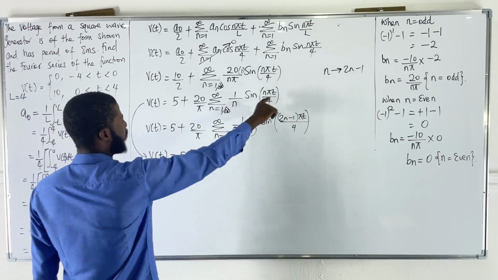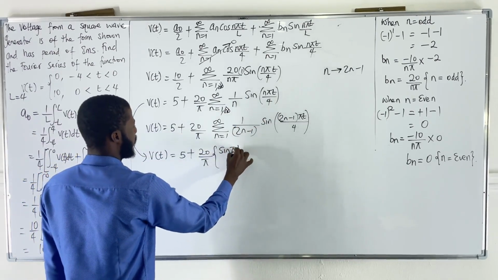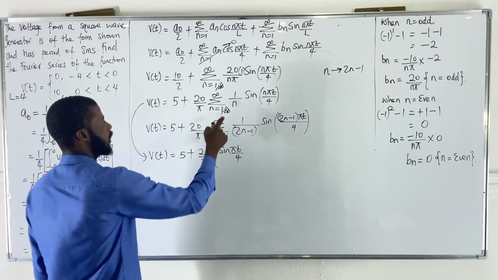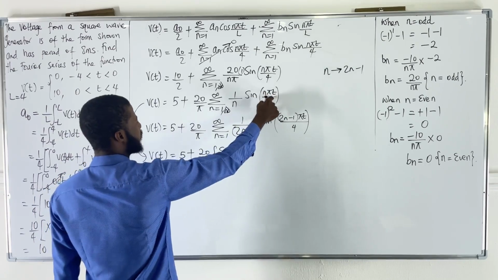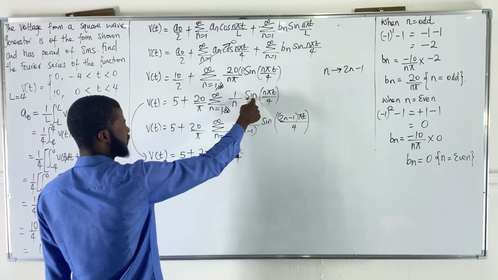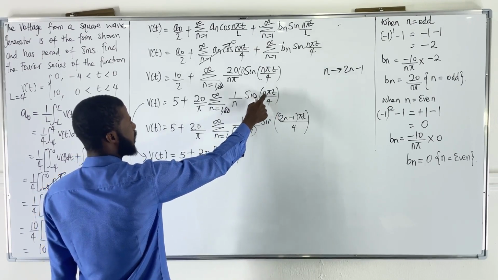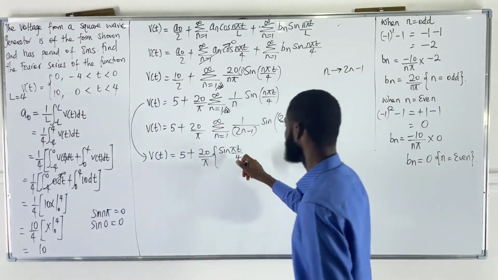Now this sum, let me start. When n is 1, this will be sine pi t over 4. Look at it this way: 1 over 1 sine 1 pi t over 4. Now you know 1 over 1 is 1. 1 times sine is still sine. So 1 times pi t is still pi t over 4. That will be the answer for that one.